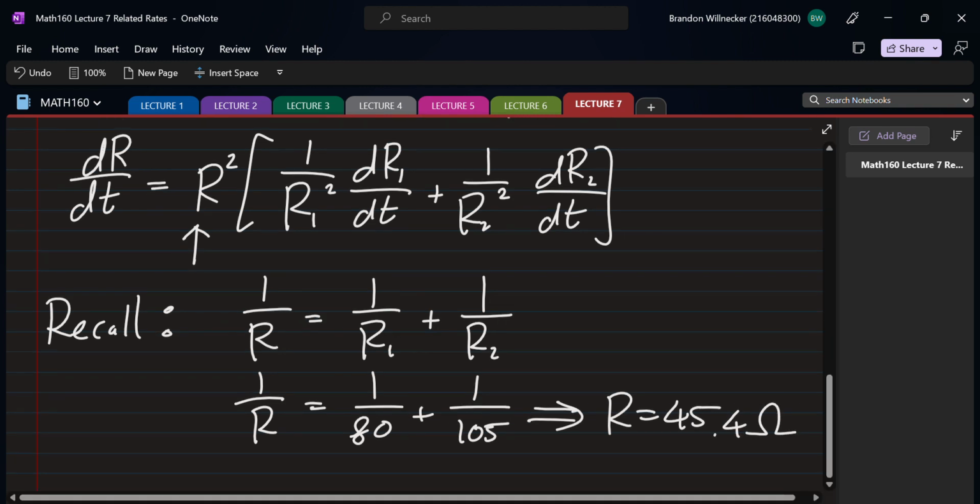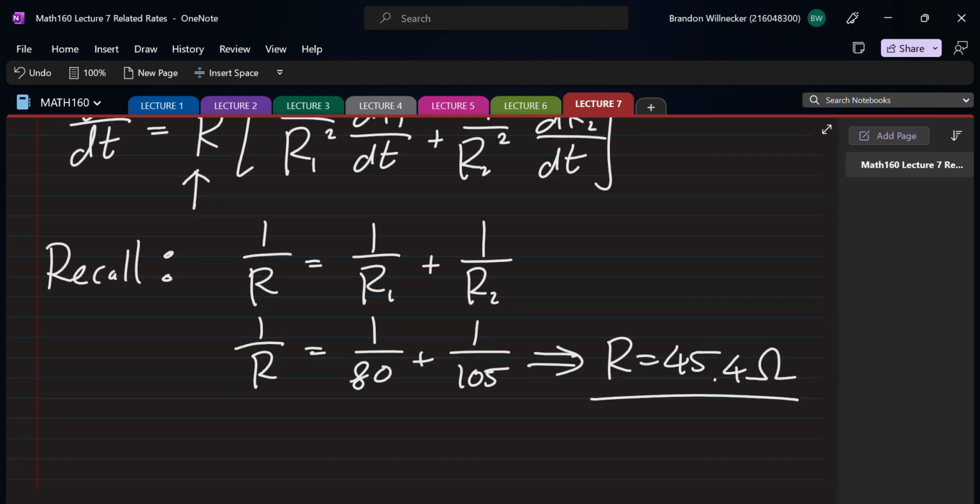And a quick check: the total resistance should always be smaller than the smallest resistance. The smallest resistance here is 80, so the total resistance being 45.4 is a good sign. If your total resistance is more than the smallest resistance, you've done something wrong.